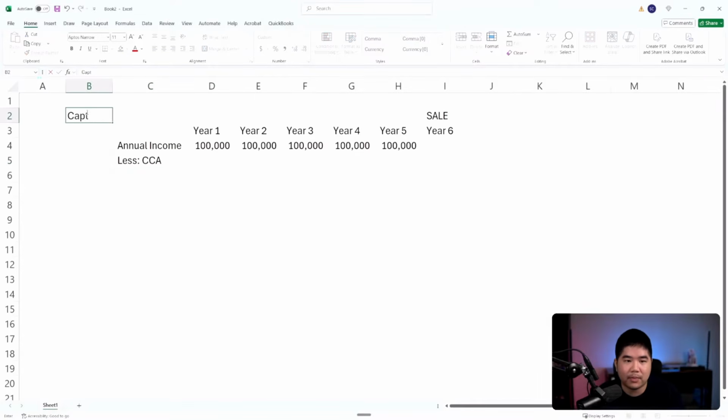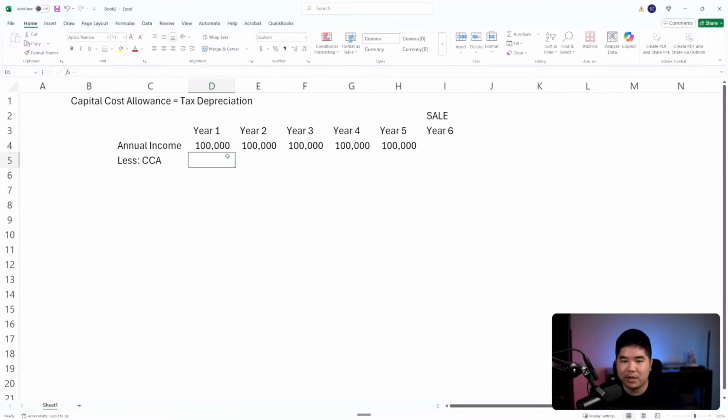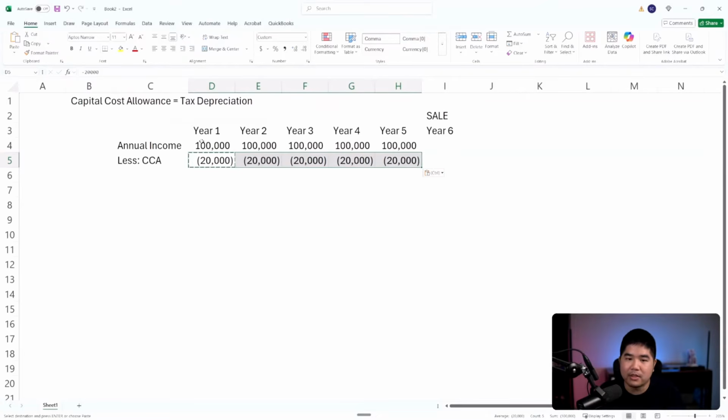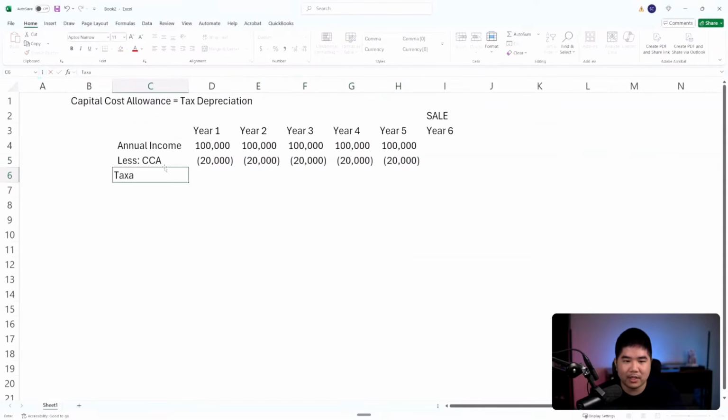CCA stands for Capital Cost Allowance or Tax Depreciation. Let's assume that we can deduct $20,000 every single year. Now, you generally deduct 4, 6, or 8% of the UCC balance, but just to keep it simple, let's just assume it's $20,000 every single year. That means our taxable income is $80,000.